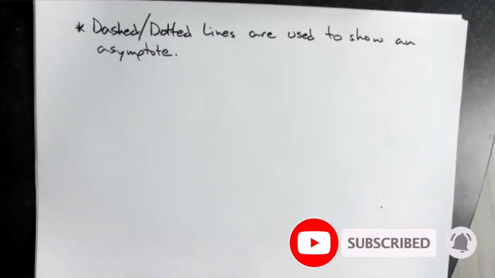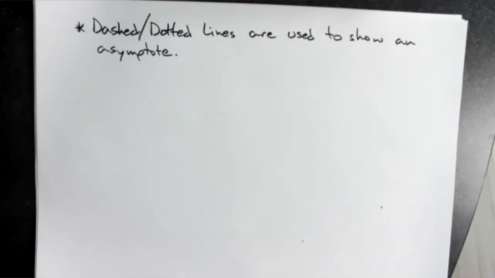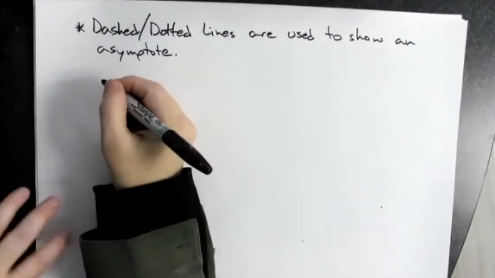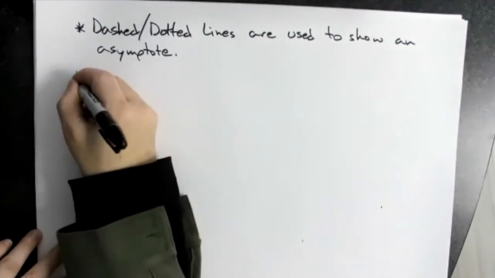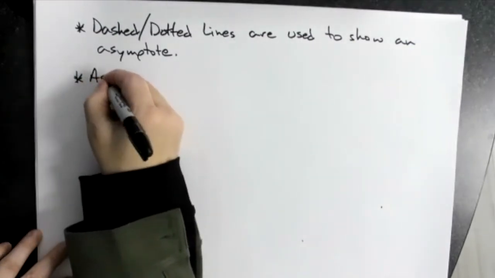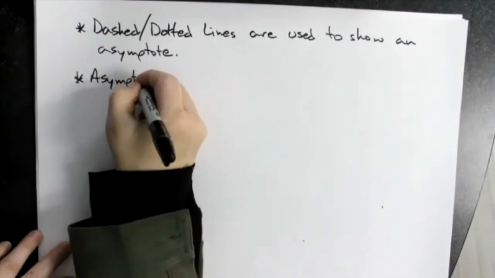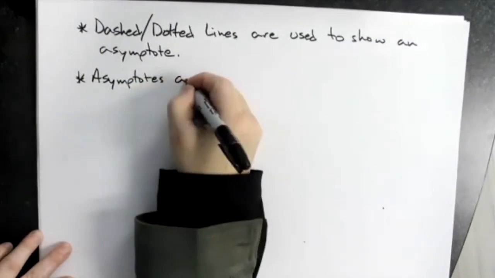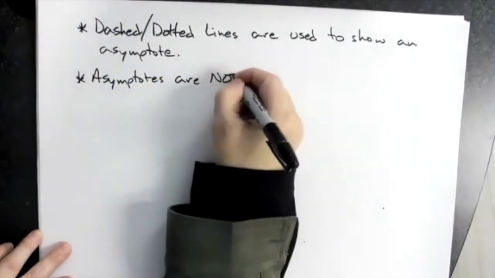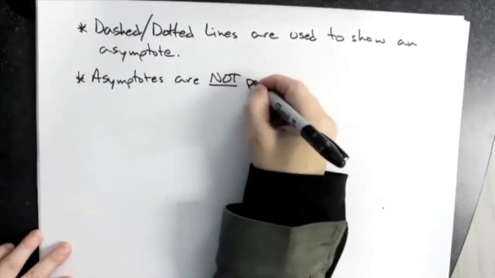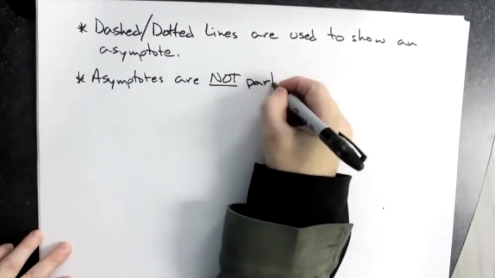However, because you know the behavior of the function, it will get infinitely close to one, so you can predict where they're going to be. I verbally said it, but let's actually write it down: asymptotes are not part of the actual function.